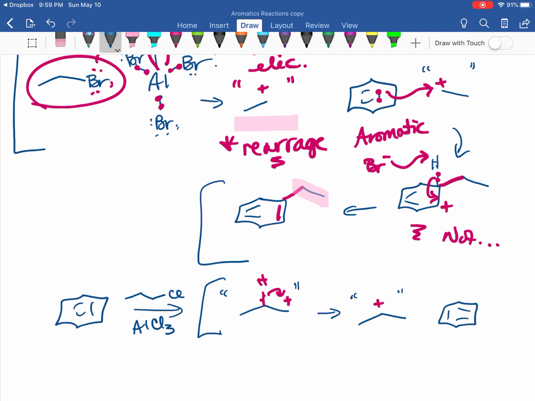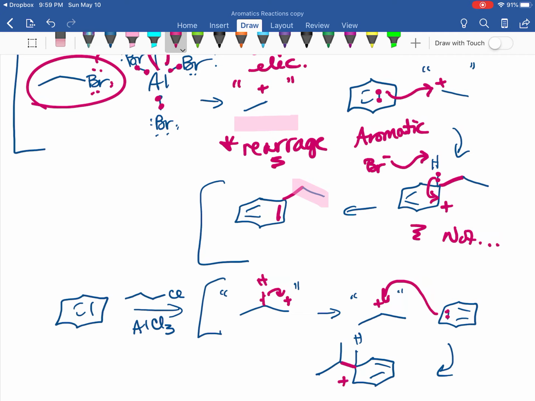And now your benzene is going to react. So now your benzene is going to add right into that carbocation. And then again, now you've just substituted. Only this time you made an isopropyl because you did a carbocation rearrangement in there. Oops, I don't want this bond there yet.